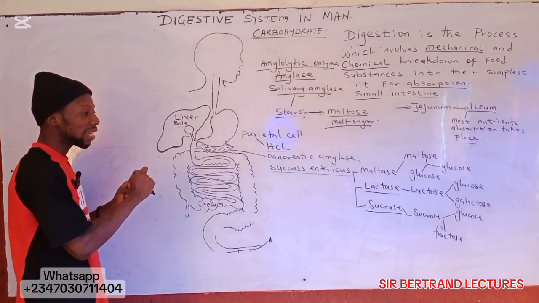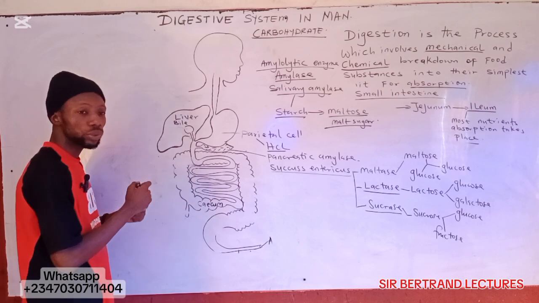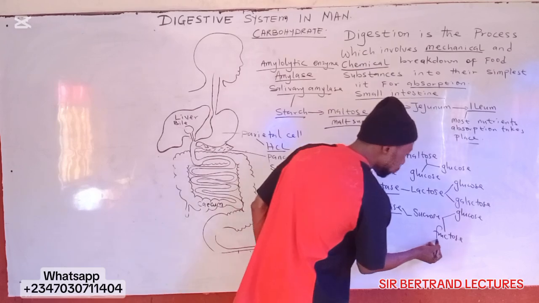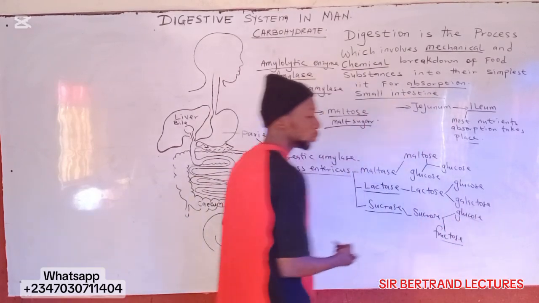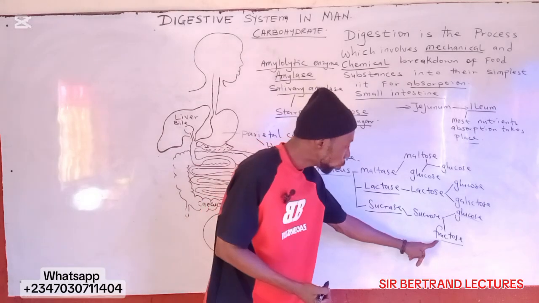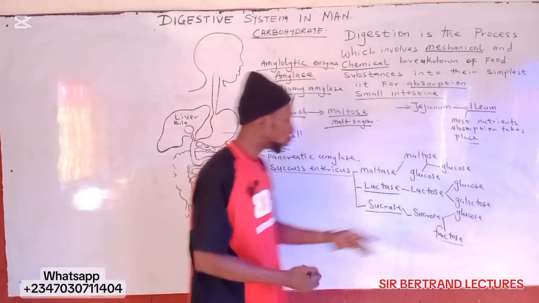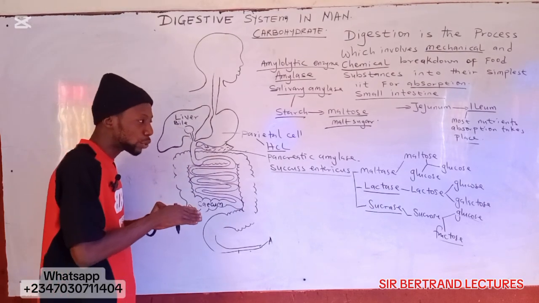And in the small intestine, the pancreatic amylase and these succus entericus have the ability to convert the fructose and galactose back to glucose, which is the simplest unit at which the body will absorb.